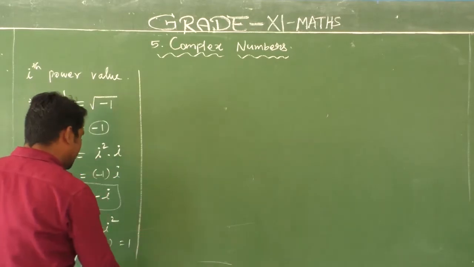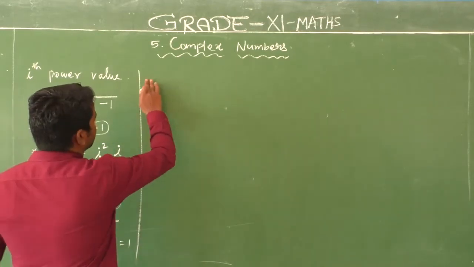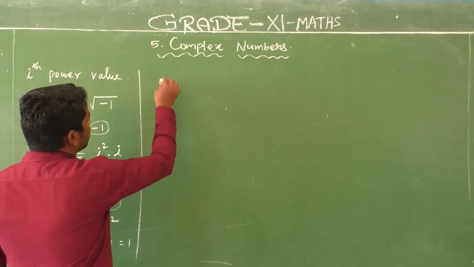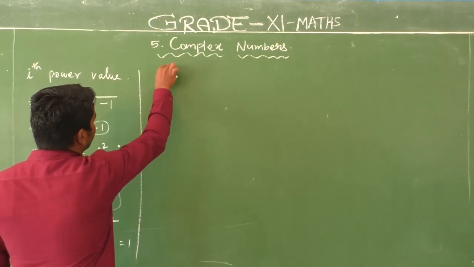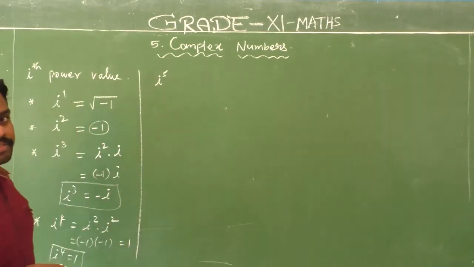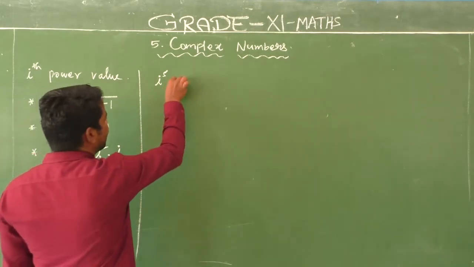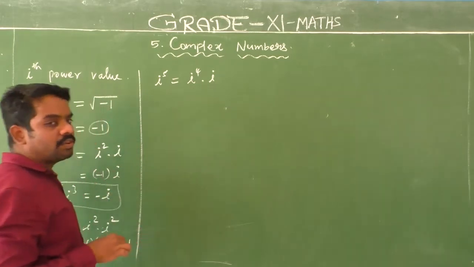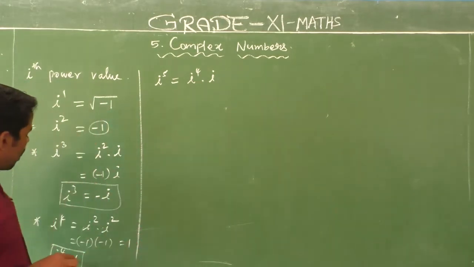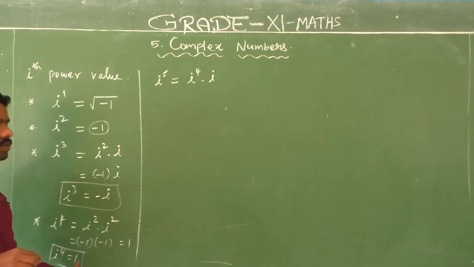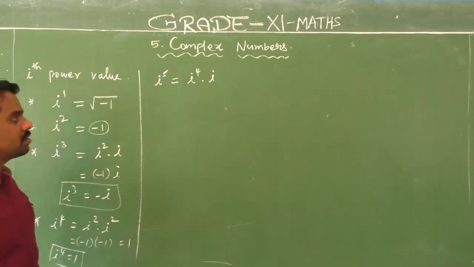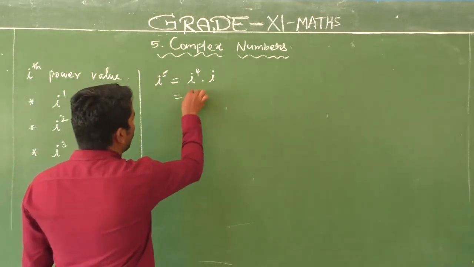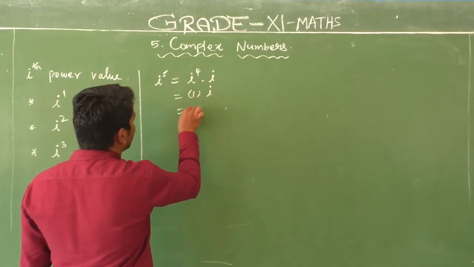Right. Next, higher order powers of i. For example, i power 5. i power 5 is written as i power 4 into i. You know, the i power 4 value is equal to 1. So 1 into i is equal to i.